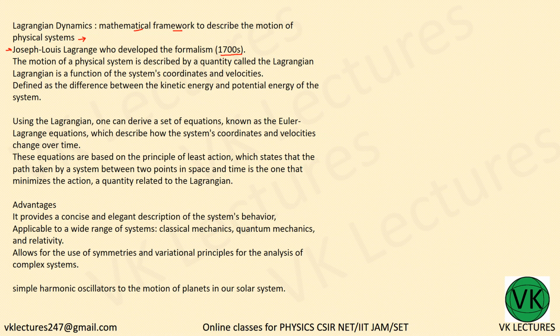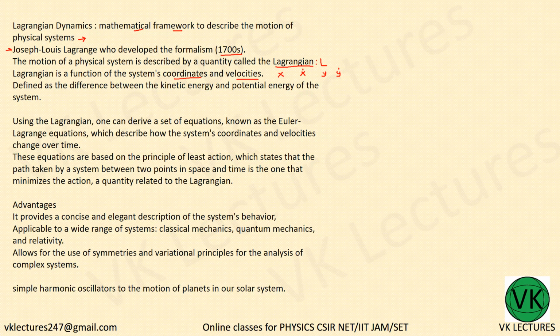The motion of the physical system is described by a quantity called the Lagrangian, represented by the letter L. The Lagrangian L is a function of the coordinates as well as the velocity. For example, x is the coordinate, x dot will be the velocity. Similarly, y and y dot, depending on the number of coordinates or degrees of freedom it has.